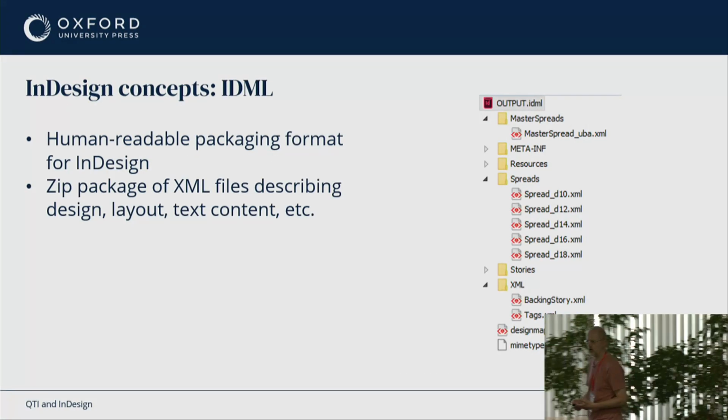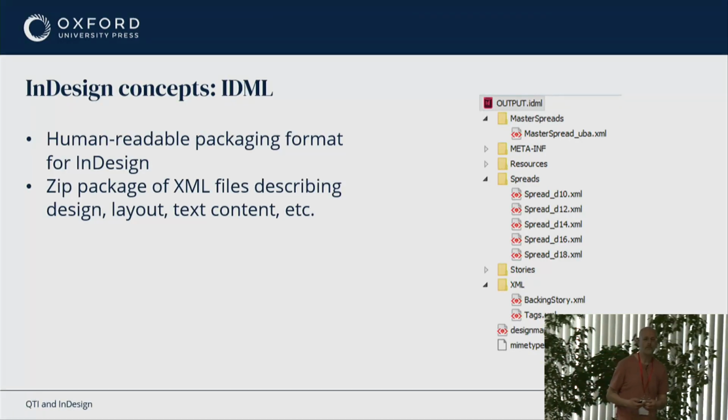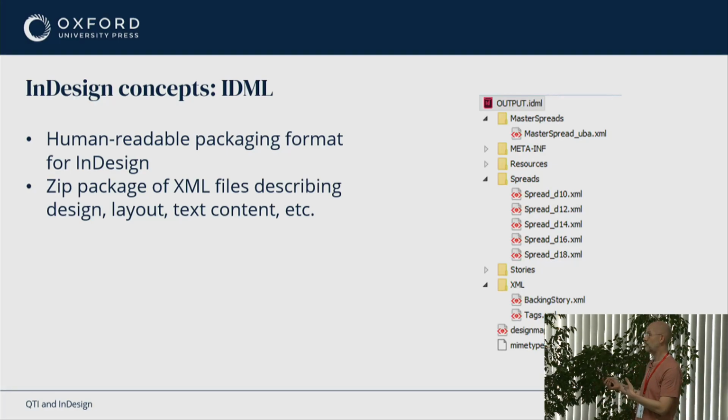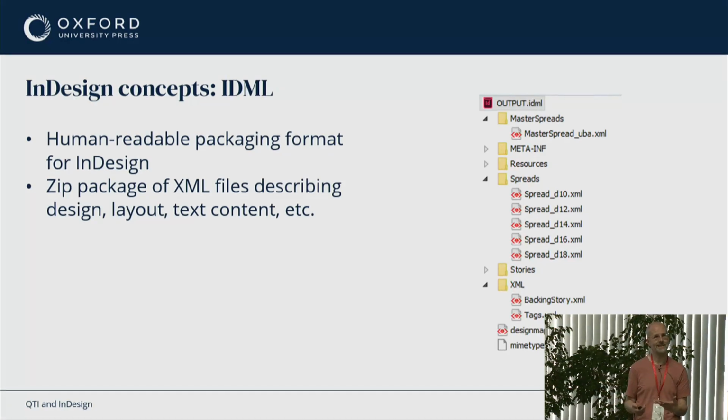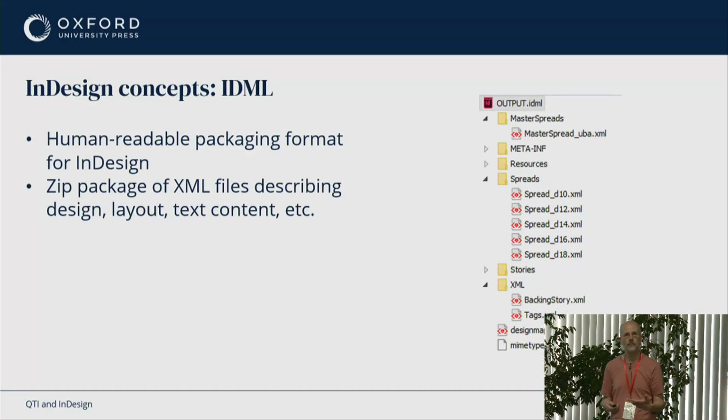So there's a couple of bits of jargon that I need to talk about. First one is IDML. The only reason this process is possible at all is that InDesign has an XML serialization, essentially. And it's actually a zip package of lots of XML files for the different components of the document.